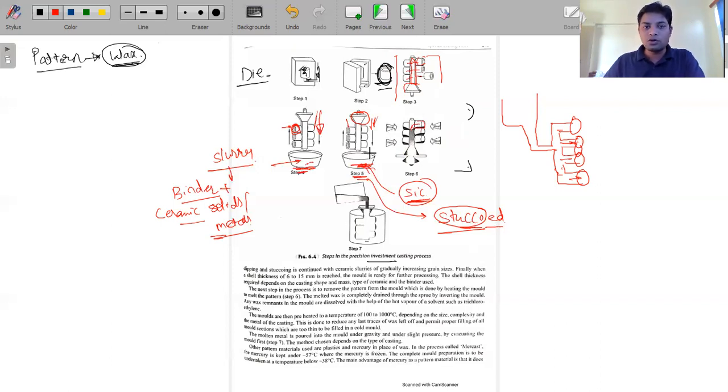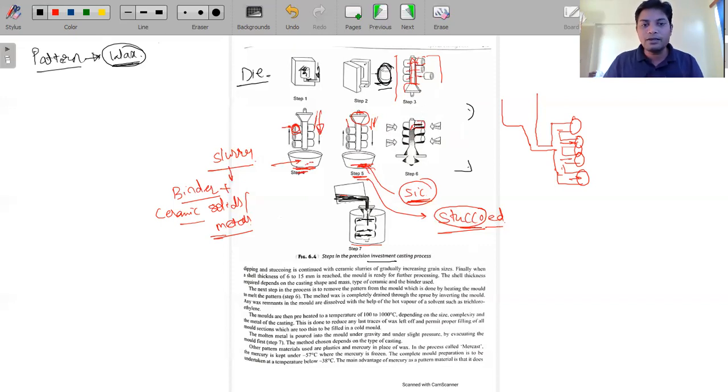Now rotate it, keep it inside the container, and fill the mold cavity with the molten material. As these are hollow parts, the material will move inside and cover the mold cavity.